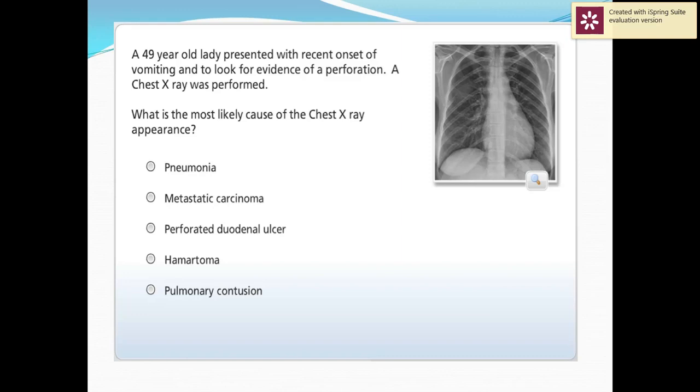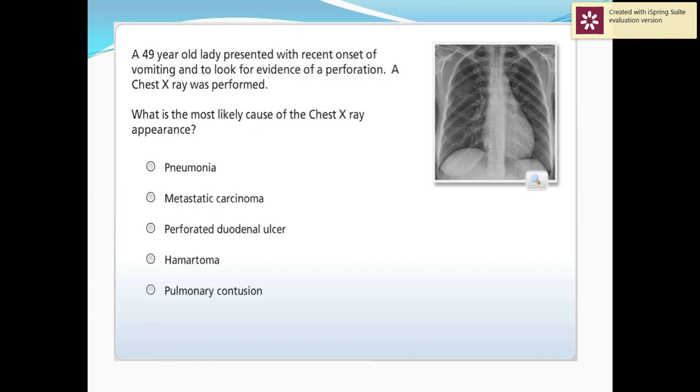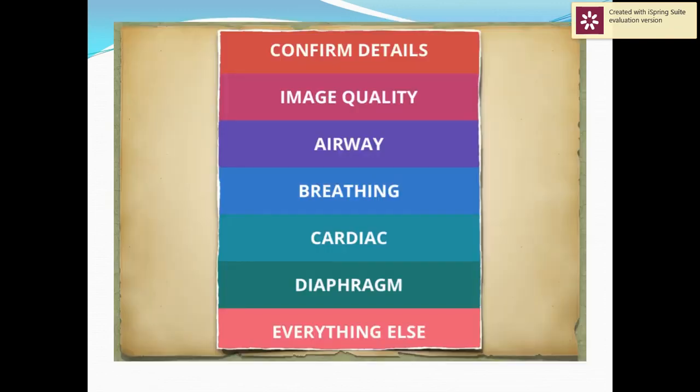Pneumonia, metastatic carcinoma, perforated duodenal ulcer, hamartoma, or pulmonary contusion. As we see here, there is absence of the fourth rib in the right side and a lytic lesion, and most likely caused by metastatic carcinoma.